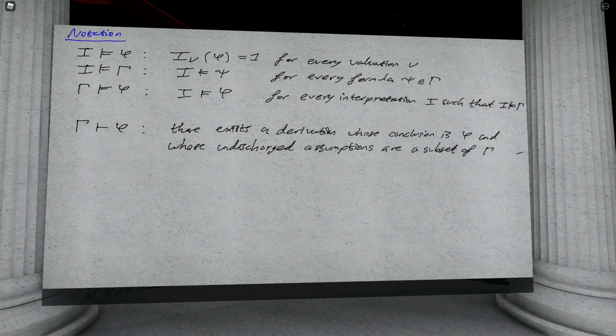So this is the statement that phi is provable from gamma. It might not use all of the formulas in gamma, like it might not have them all as undischarged assumptions at the leaves of the tree. But yeah, that's it. So that's our definition of provability.